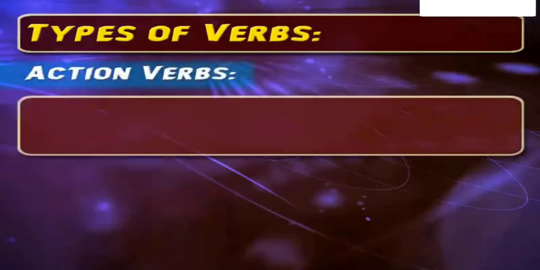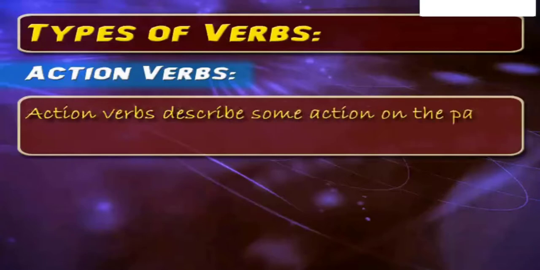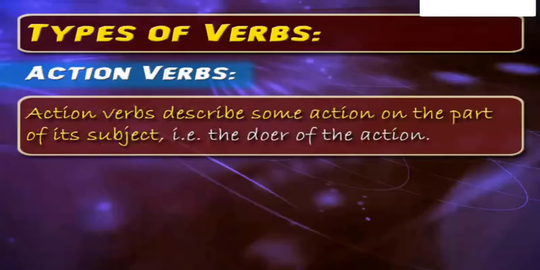By definition, verbs that describe some action on the part of its subject, that is, the doer of the action, are called action verbs. So verbs that express action, something that a person, animal, force of nature or thing can do, are called action verbs.